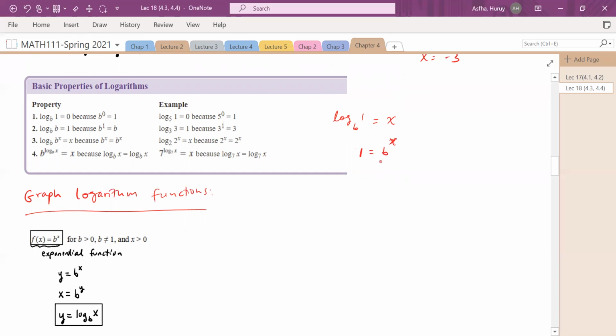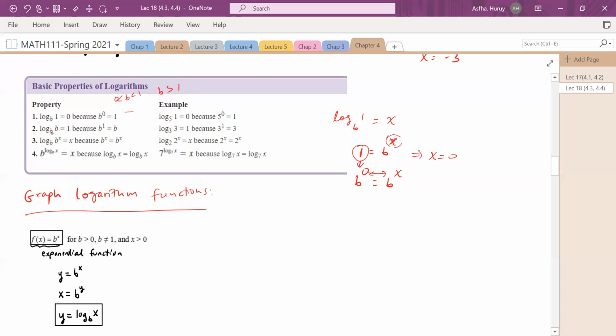It doesn't matter what that b is, whether it's between 0 and 1 or greater than 1. For what value of x will this number always be 1? That is true only when x is 0, because we can write 1 as b to the power of 0. Therefore, x is 0. So this is always true, for any b, where b has to be positive, not equal to 1.